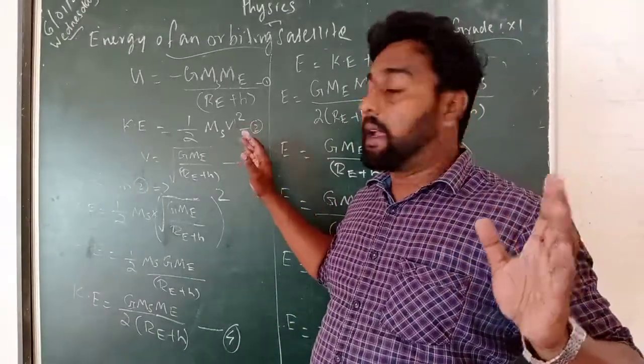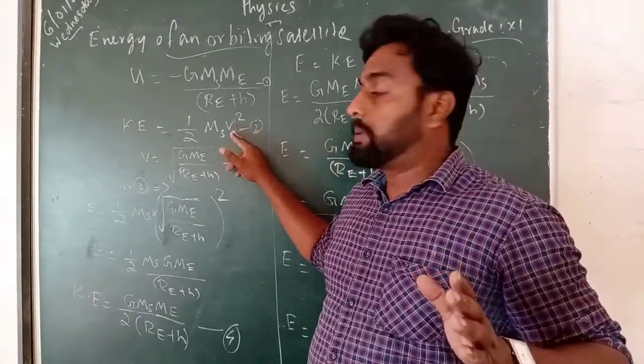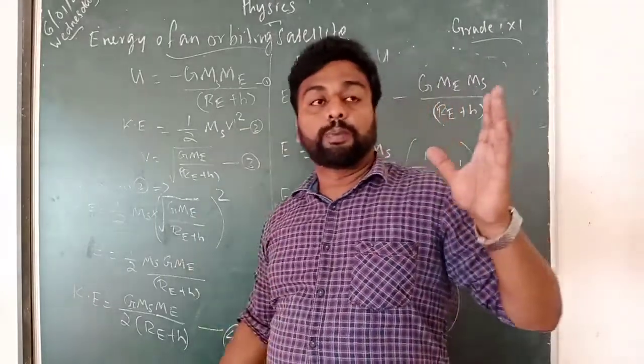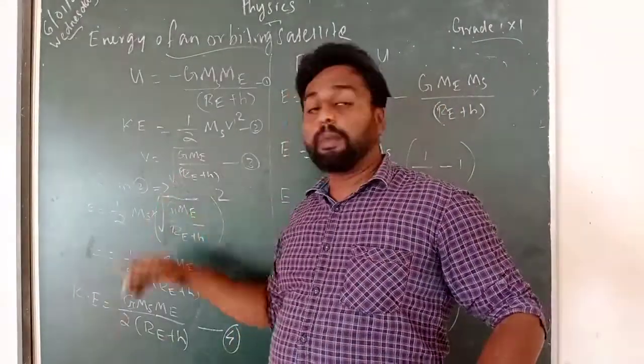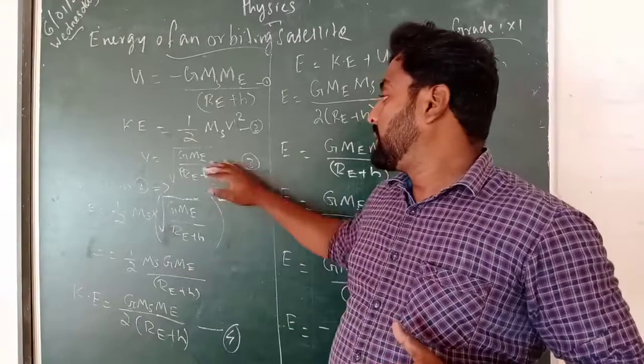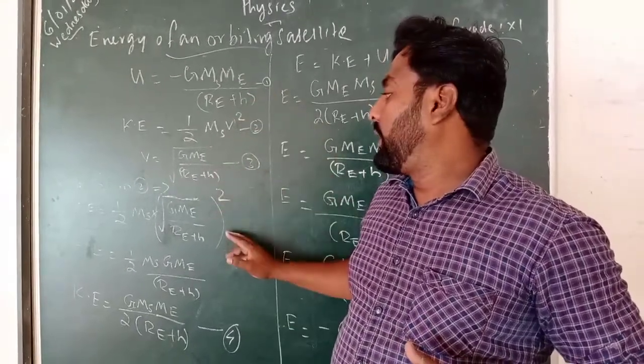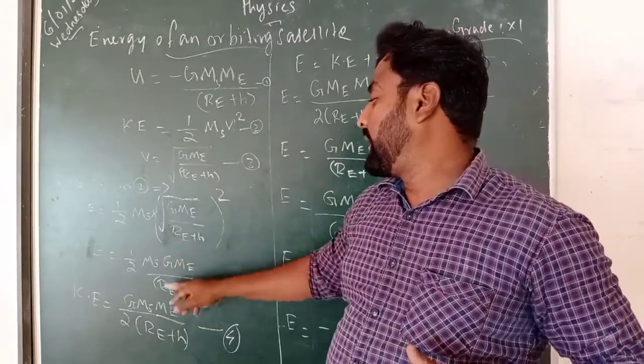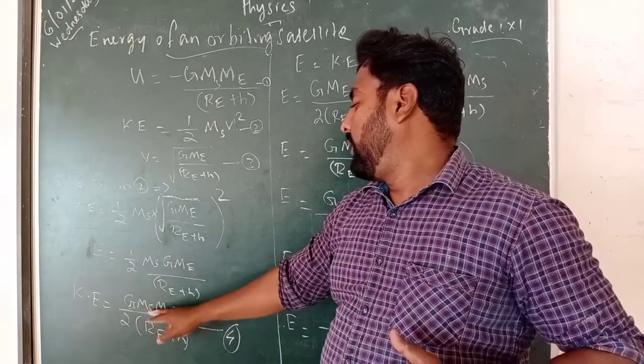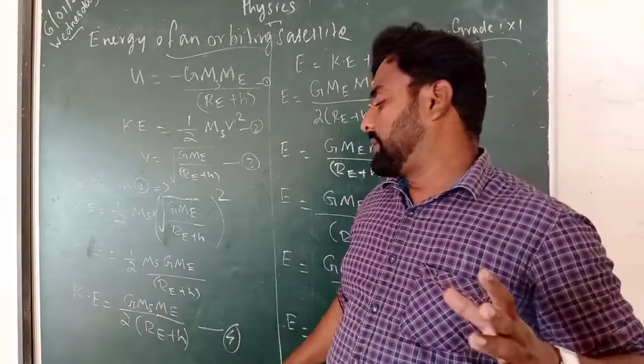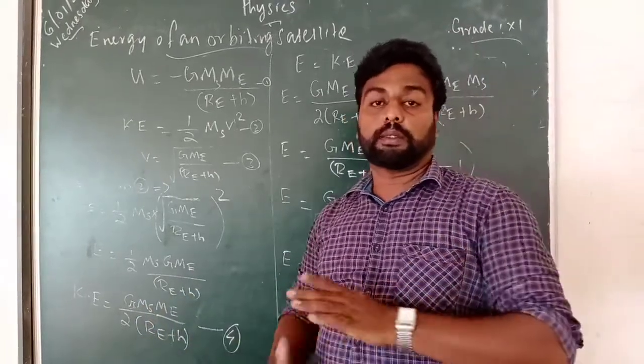In the kinetic energy we substitute the orbital speed value, root GMe by R plus H, and we get G Ms Me by 2 into Re plus H.